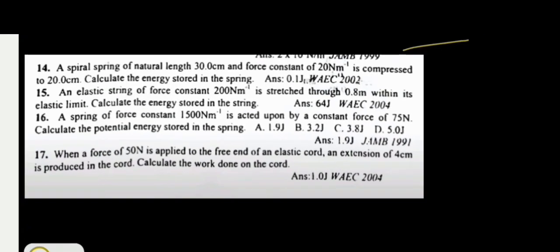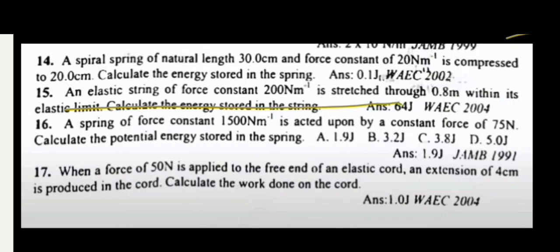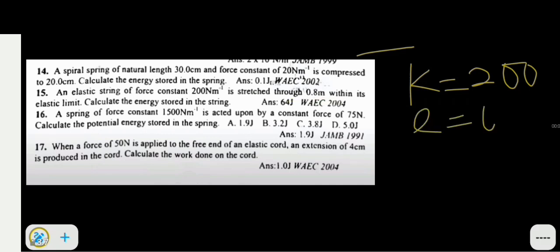So for number 15, we're told that an elastic string of force constant 200 Newton per meter is stretched through 0.8 meters within its elastic limit. To calculate the energy stored in the string. So the force constant is K, which is 200, and the extension is 0.8 meters. So E is 0.8.